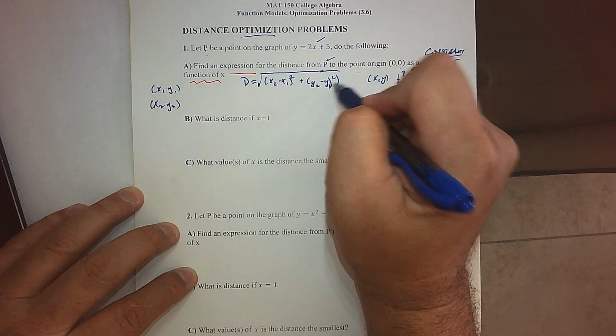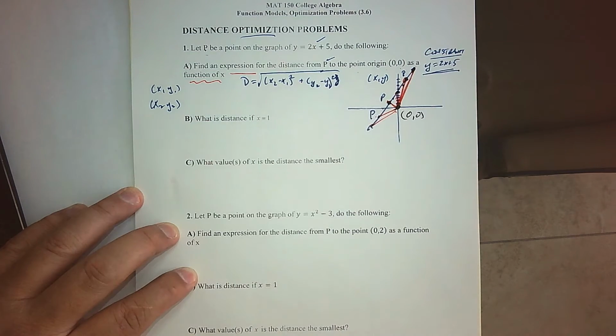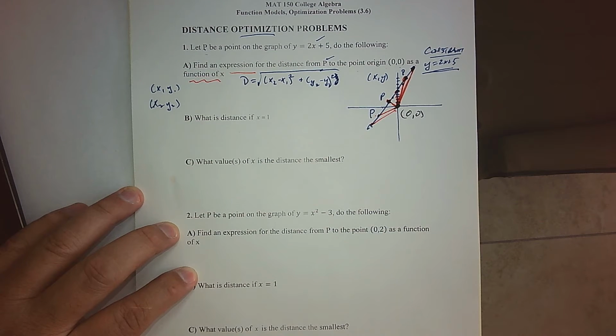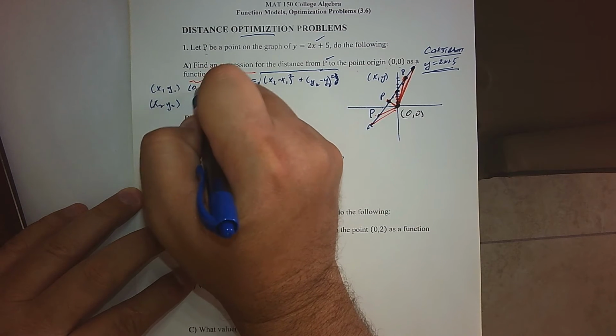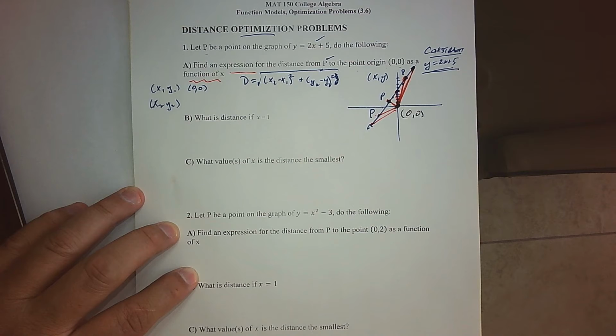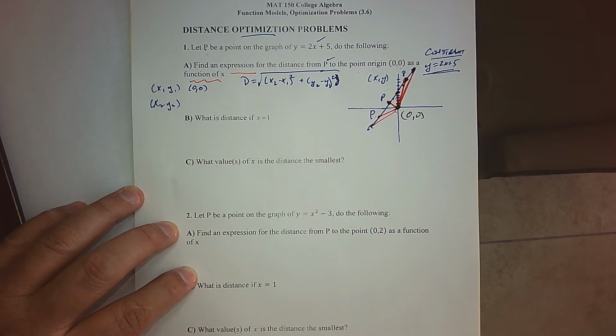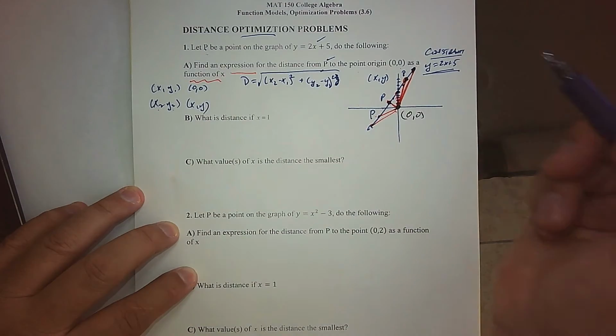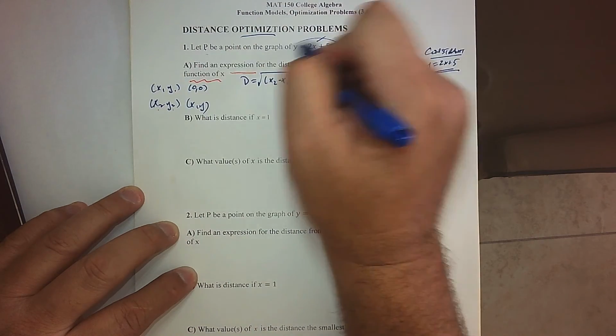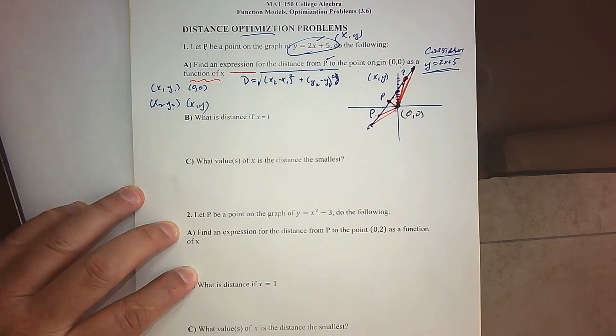That was our distance formula. And so our (x1, y1) is actually the origin, right? That's one of our data points that's given, (0, 0). And then (x2, y2), I'm just going to call them x and y, because it's some data point that's on that graph.